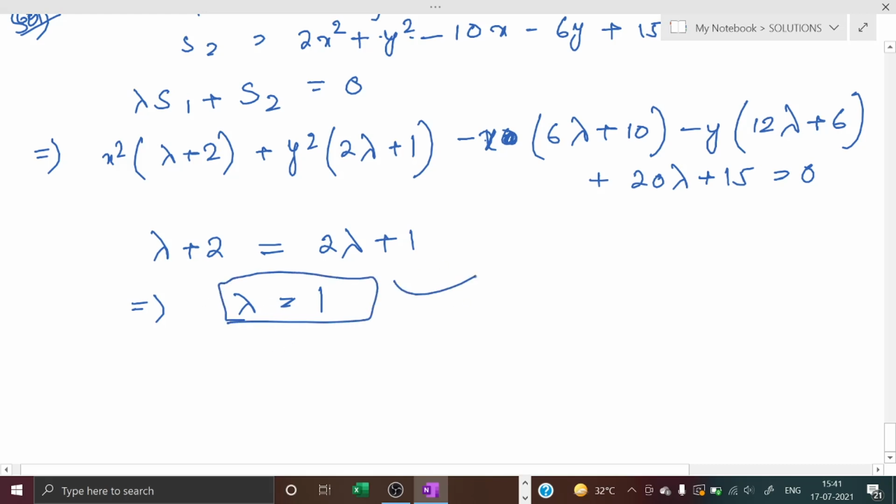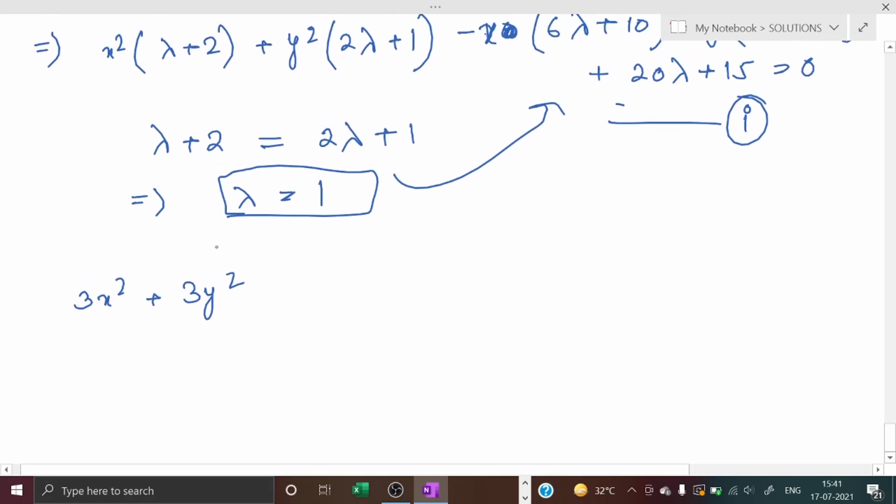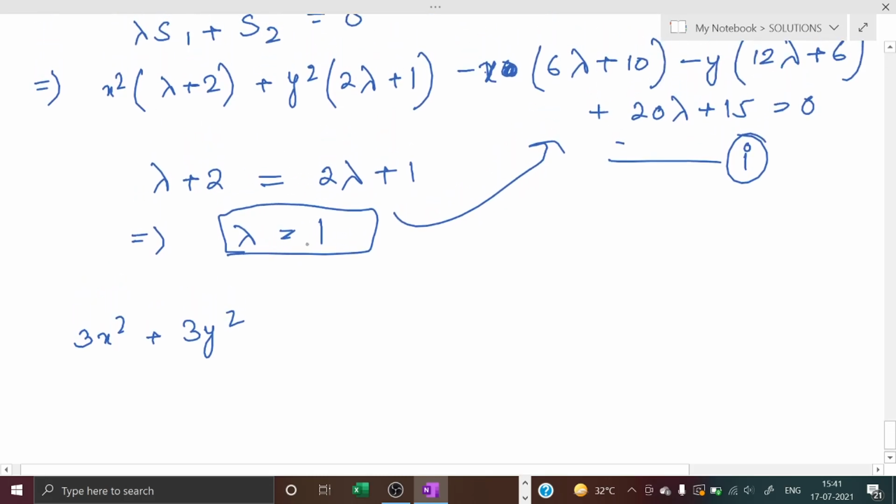Now if you put lambda equals 1 in this equation, suppose this is equation number 1, then what will you get? Since lambda equals 1, it will be 3x square plus 3y square minus 16x minus 18y plus 20 plus 15, that is 35, equals 0.